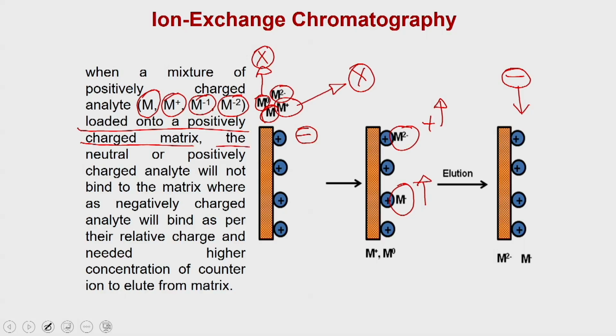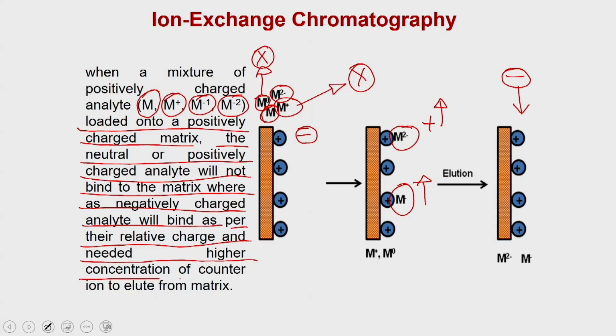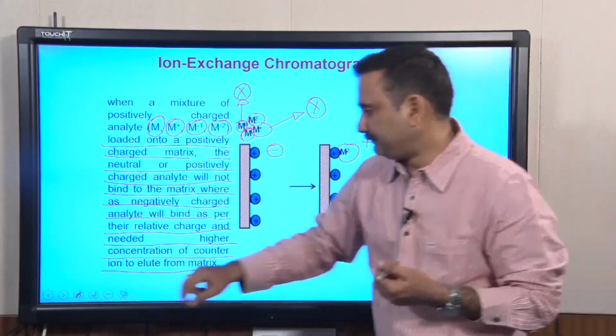So, the neutral or positively charged analyte will not bind to the matrix, whereas the negatively charged analyte will bind, and as per their relative charges they need a higher concentration of counter ion to elute from the matrix. This means M2 minus has a higher affinity for the matrix compared to M minus, and as a result, when you elute with the counter ion, you have to supply a higher concentration of the counter ion to elute M2 minus compared to M minus.